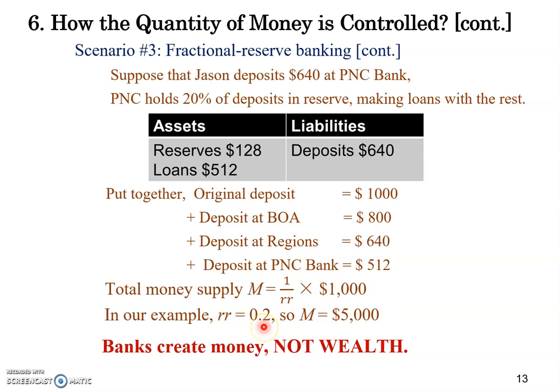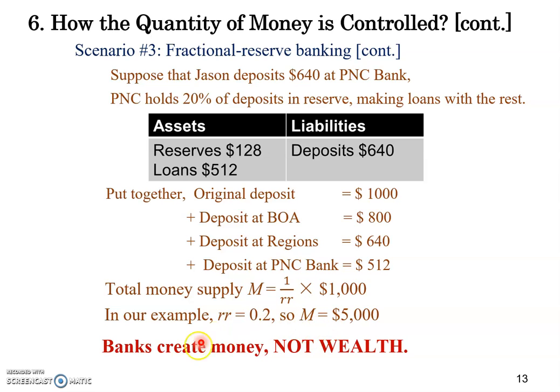So RR equals 0.2, right? And then 1 divided by 0.2 times 1,000. So the total amount of money supply at this moment is $5,000. Once again, you can find that this is much higher than the initial money supply.